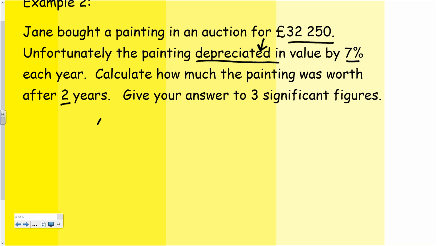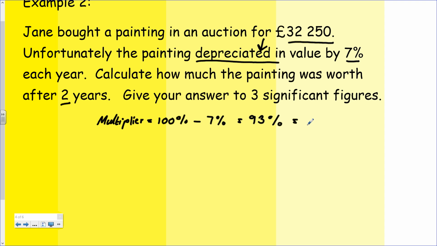Okay, so we're going to start off again just working out the multiplier. So remember, same again, we're going to start off with 100%. That's what the painting was worth, but it's depreciating by 7%. Okay, so that's going to bring it down to 93%.